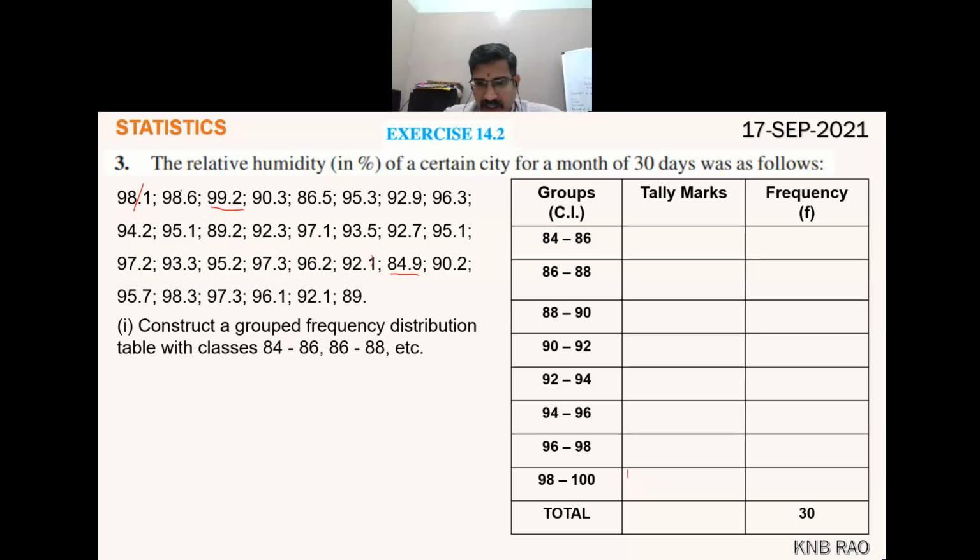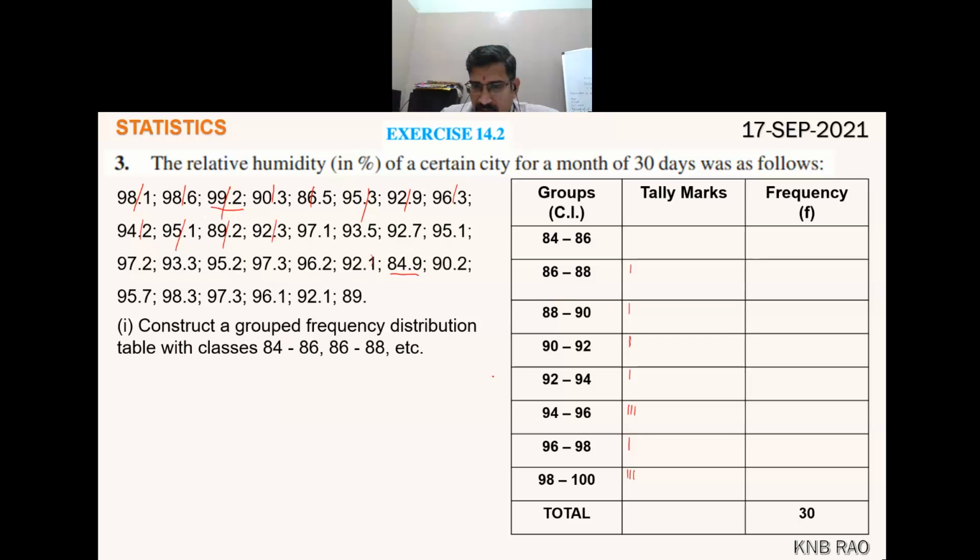Even 98.6 comes there only. 99.2 also comes there only. 90.3 comes between 90 to 92. 86.5 comes in 86 to 88. 95.3 comes in 94 to 96. 92.9 comes between 92 to 94. 96.3 comes between 96 to 98. 94.2 comes between 94 to 96. 95.1 comes between 94 and 96. 89.2 comes between 88 to 90.